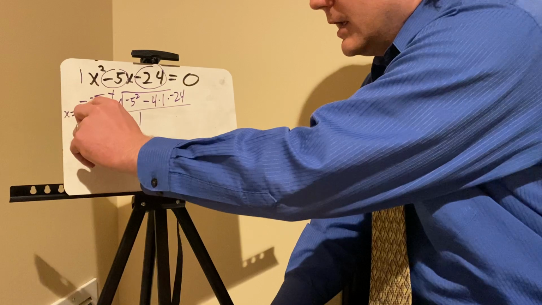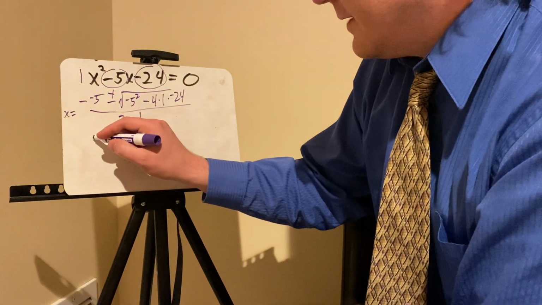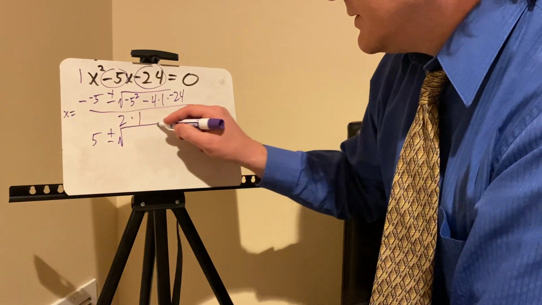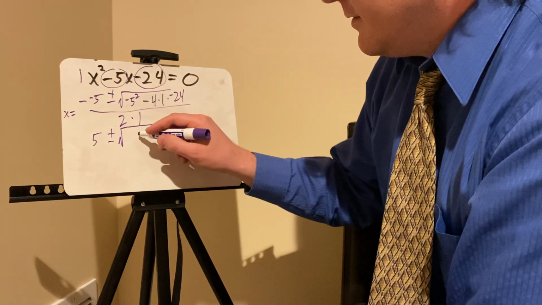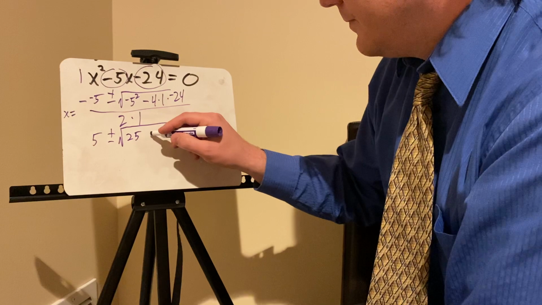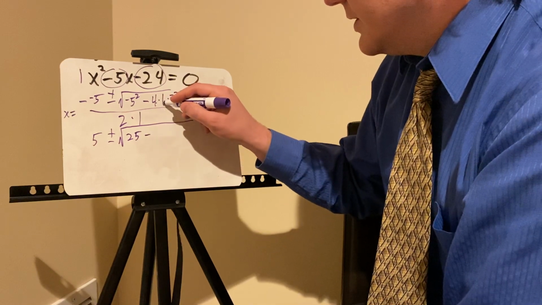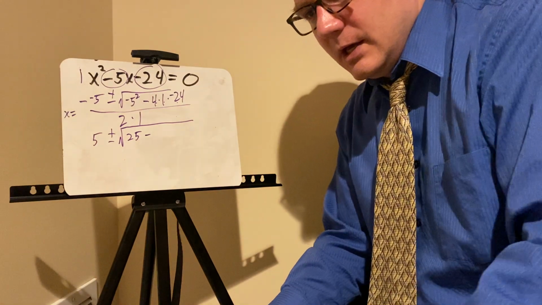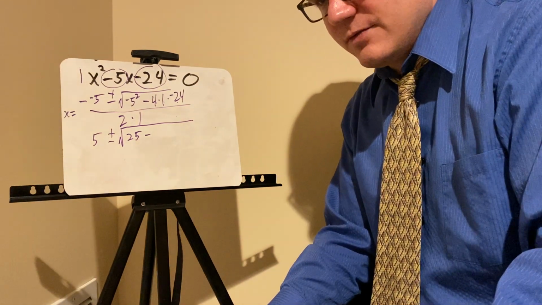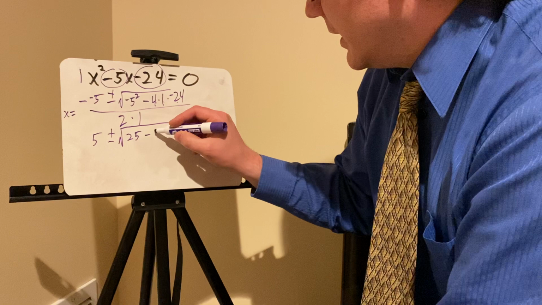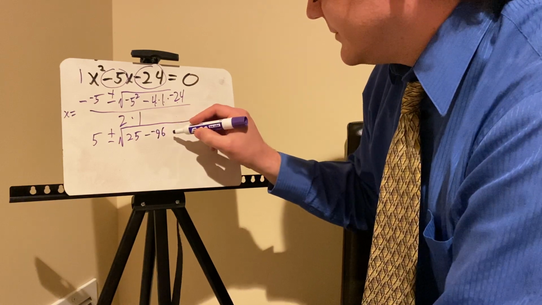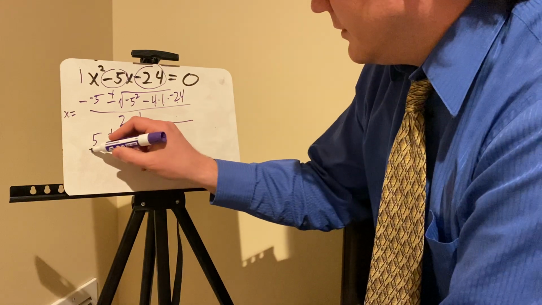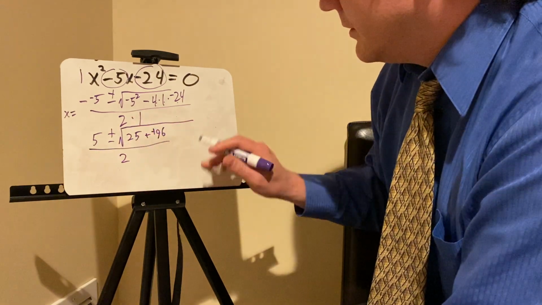So negative b is 5, plus or minus the square root of -5 squared, which is 25, minus 4 times 1 times -24. 4 times -24 would be -96, so this would be minus -96, and we end up adding these together. All of this is divided by 2.